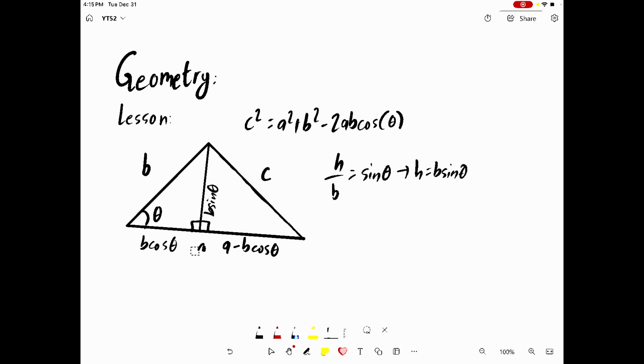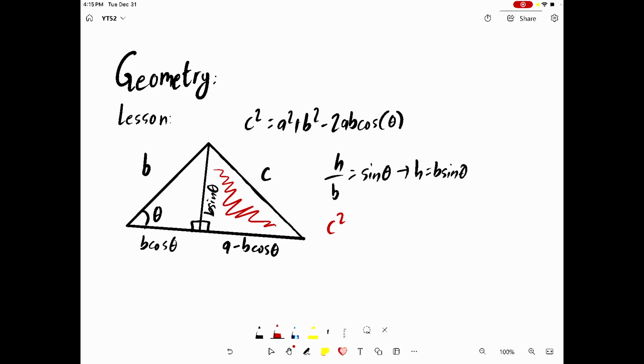Let's erase the a really quick. So then we have another right triangle, which I'll highlight a little bit in red here, that has sides of a minus b cosine theta, b sine theta, and c. If you notice that, that's a right triangle, and we can apply the Pythagorean theorem.